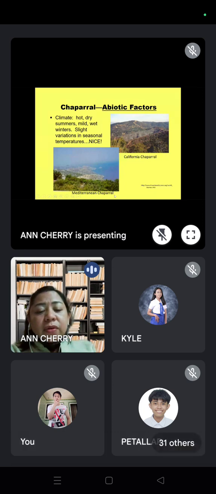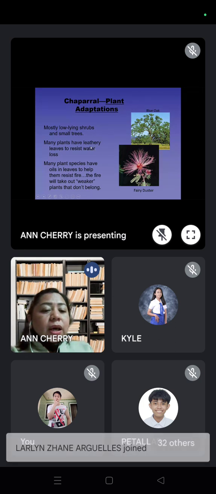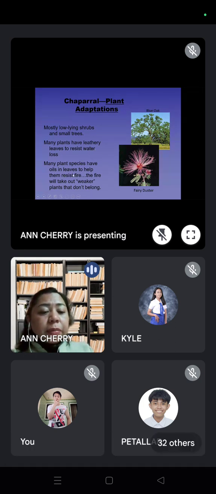So we have Mediterranean chaparral and California chaparral. What are the adaptations of the plants? Mostly low-lying shrubs and small trees. Many plants have leathery leaves to resist water loss, and many have oils in their leaves to help them resist fire. So the fire will take out the weaker plants.